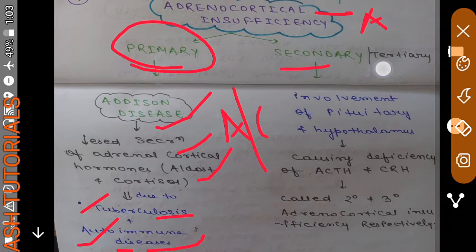Now coming to the secondary and tertiary. As we know, cortisol secretion is stimulated by ACTH, which in turn is stimulated by CRH. So it also involves the hypothalamus and pituitary gland. If ACTH secretion is diminished, it will also lead to decreased cortisol secretion, and it will be called secondary adrenocortical insufficiency.